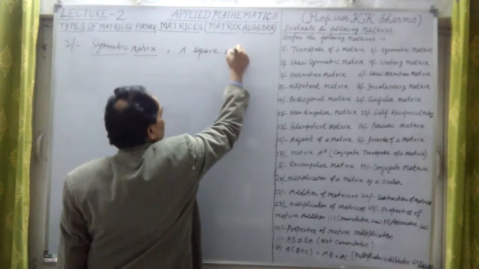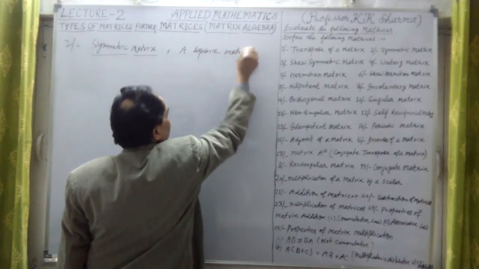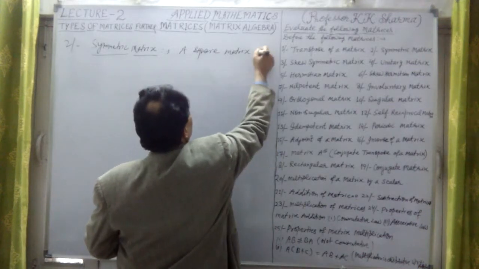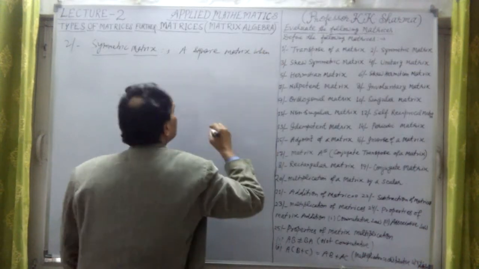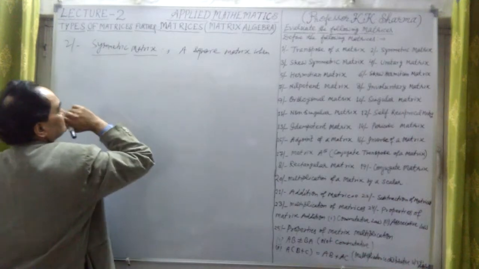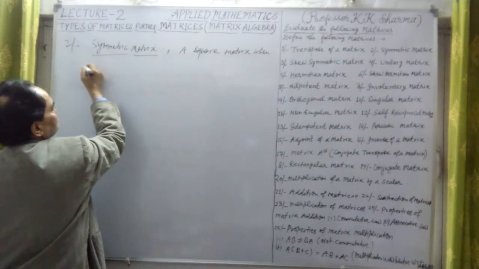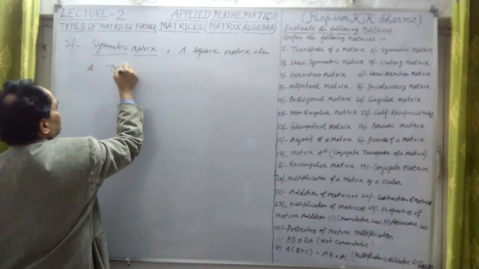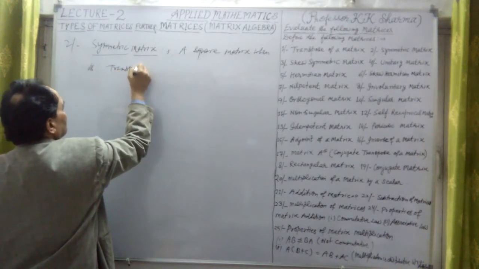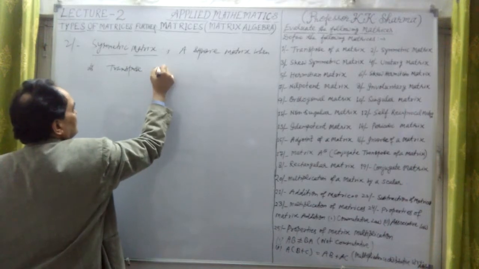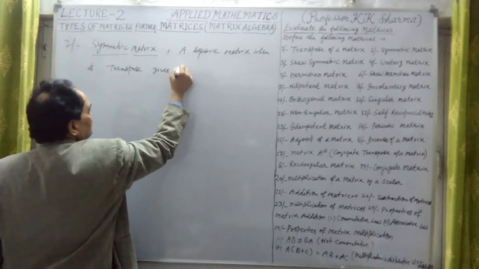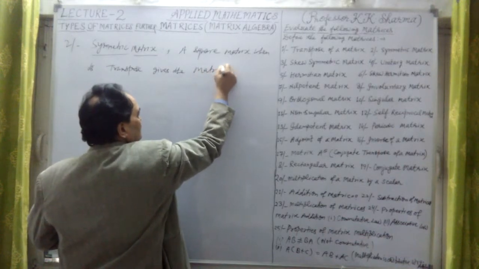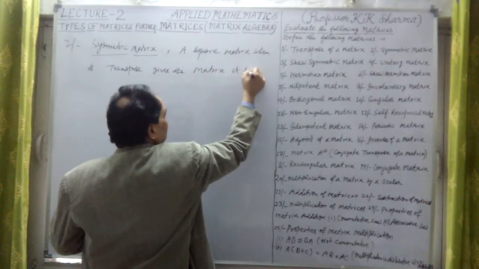A square matrix, when it is transposed, gives the matrix itself.